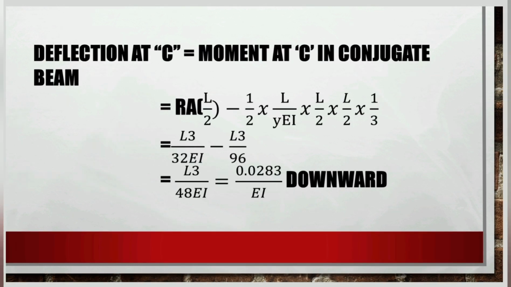Deflection at C equal moment at C in the conjugate beam equal RA times L over 2 minus 1 over 2 times L over 4 EI times L over 2 times L over 2 times 1 over 3 equal L cubed over 32 EI minus L cubed over 96, equal L cubed over 48 EI equals 0.0208.